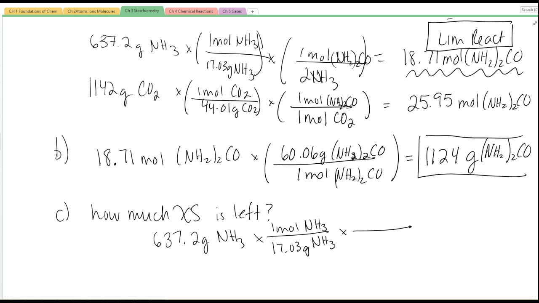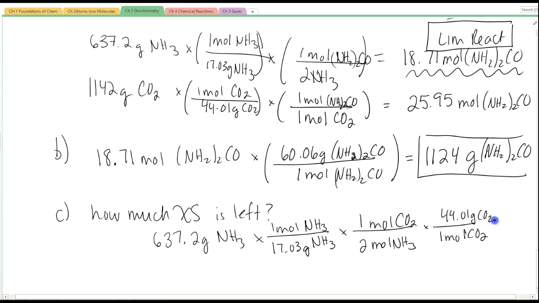And it turns out that I can do that then by saying that there are 2 moles of ammonia for 1 mole carbon dioxide. And then I need to convert that mole of carbon dioxide to grams carbon dioxide. And I get 823.21 grams of carbon dioxide were used up in the reaction.